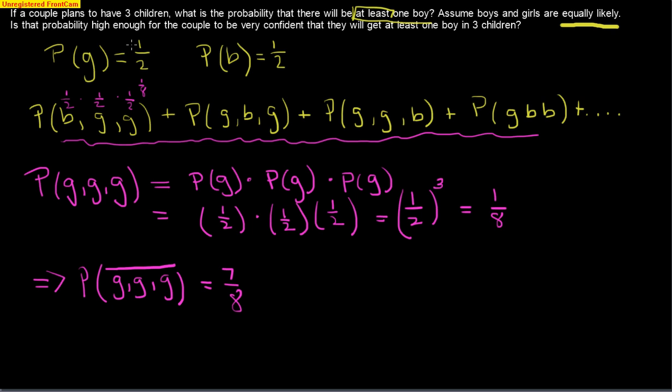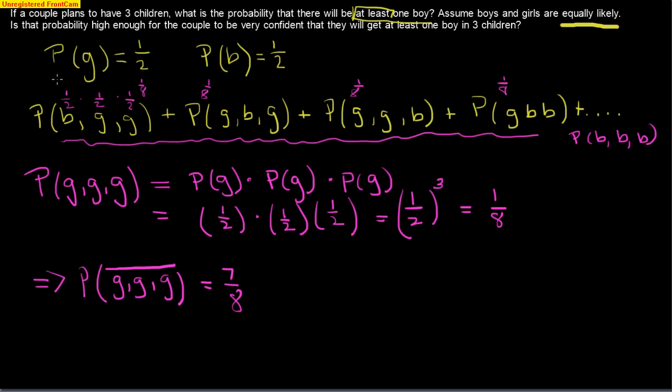So you'd have 1/8 plus 1/8 plus 1/8 plus 1/8. 1, 2, 3, 4. There must be 3 more, and I'm sure you can think of them. There would be a boy, and then a girl, and then a boy, and so on, until finally the last possibility, 3 boys: a boy and a boy and a boy.